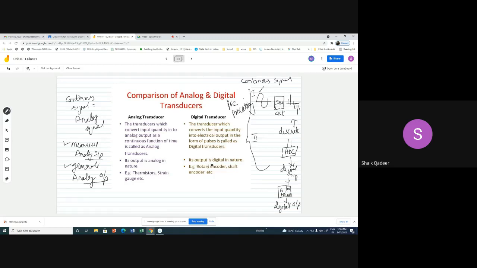Its output is digital in nature. Instead of this definition, you can also say it measures digital input and generates digital output. That is also okay. Hope it is clear to everybody.